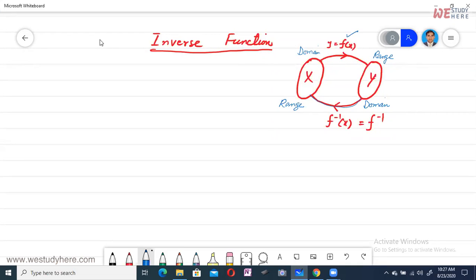Domain of f of x will be same as range of f inverse of x, or range of f of x will be same as domain of f inverse of x.